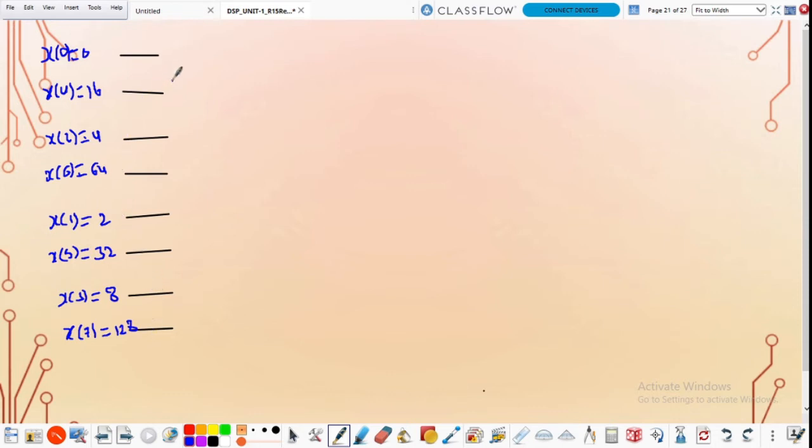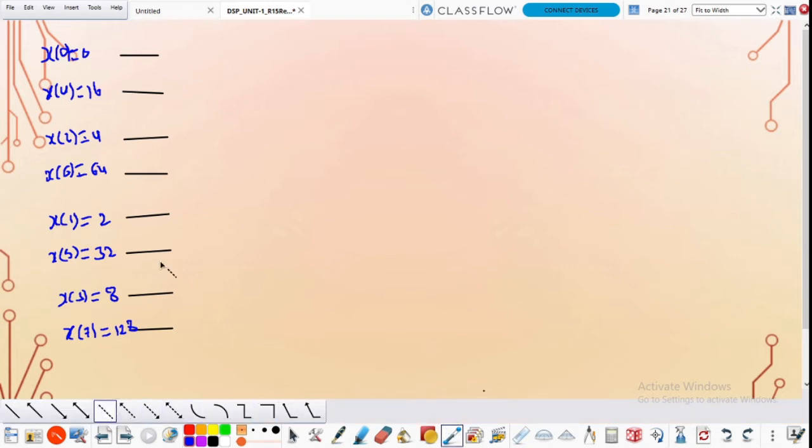Okay, so from these 2 samples, first calculate the stage 1 output. Totally for the 8 point DFT, there are 3 stages.